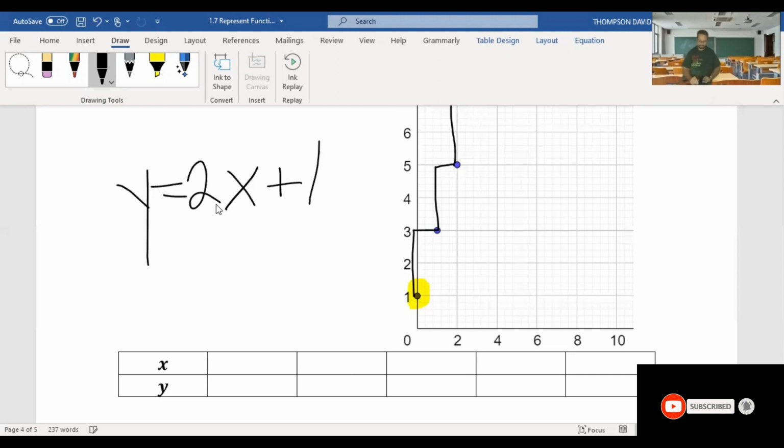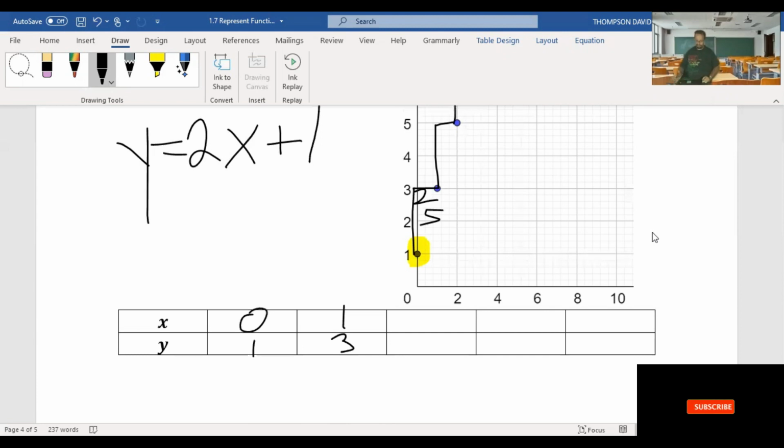So we just fill in the table. So we have 0 and 1, 1 and 3, 2 and 5, and then we have 3 and 7. So now we just write our domain.